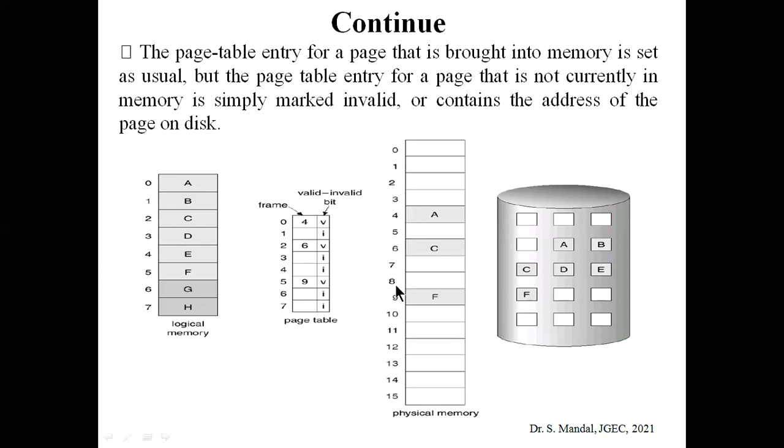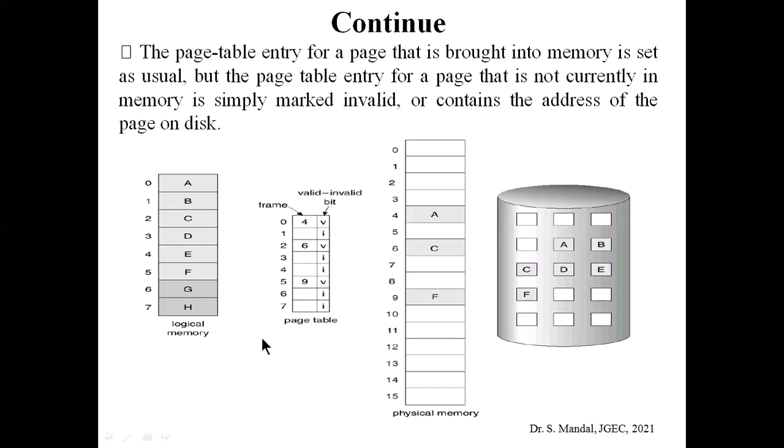You can see that there are a total of 60 frames here, and the size of the pages and the size of the frames are the same, like in the paging system. But here we are using a page table entry, where we use a valid-invalid bit.